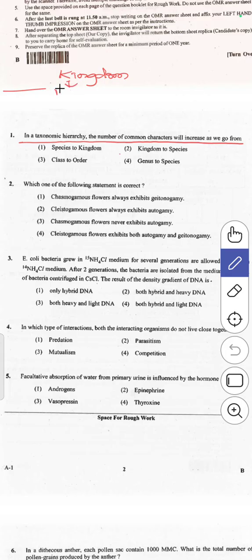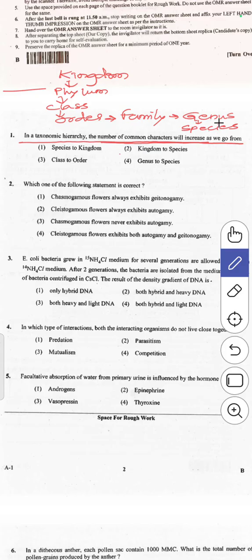Then phylum, class, order, then family, then genus, then the last one, that is species. Here they are asking the number of characters will increase as we go from.